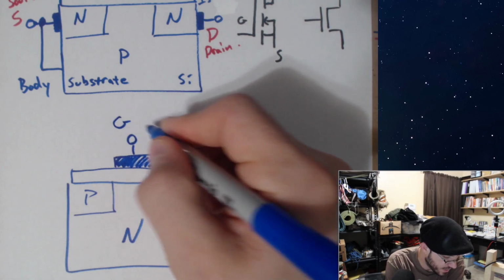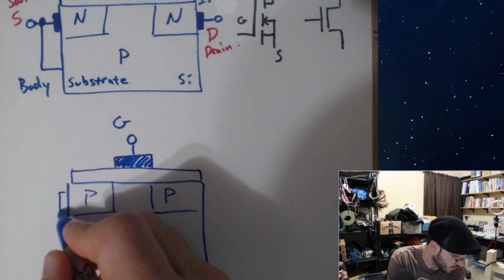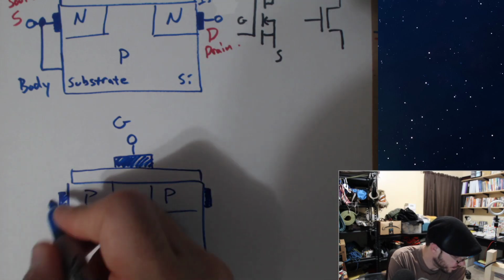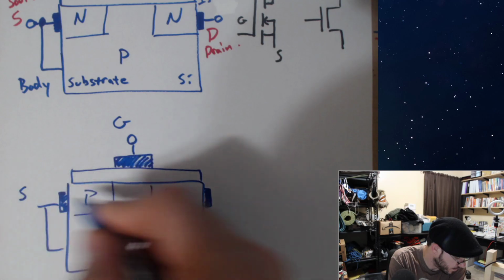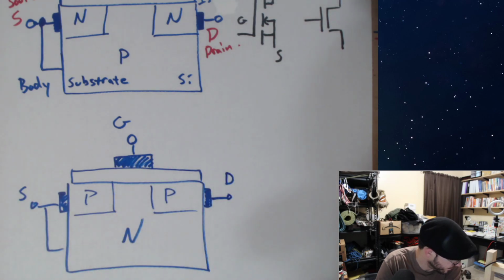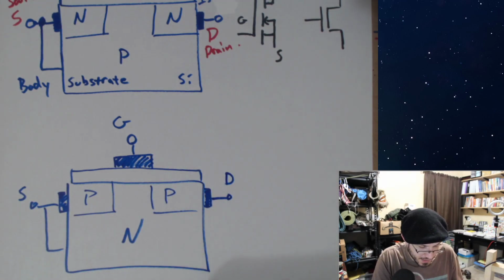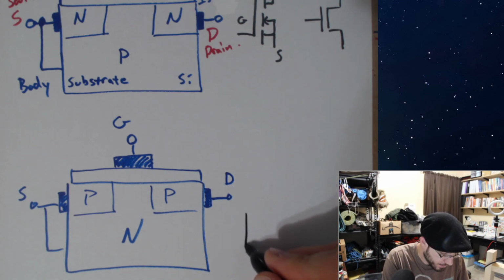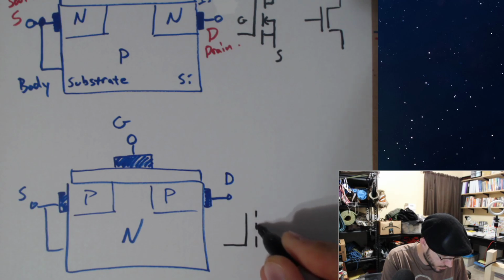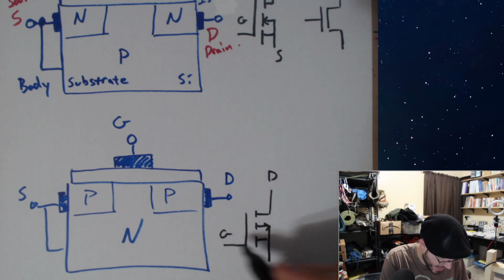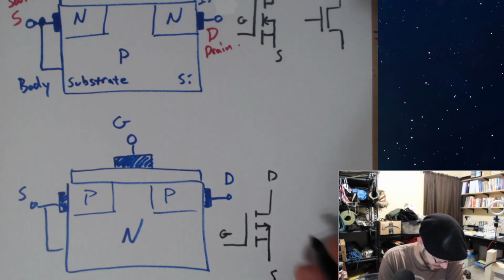We still have a gate, and we have some taps on the side. The schematic symbol for a P-channel changes just slightly. Drain, source, and gate: the names still apply.